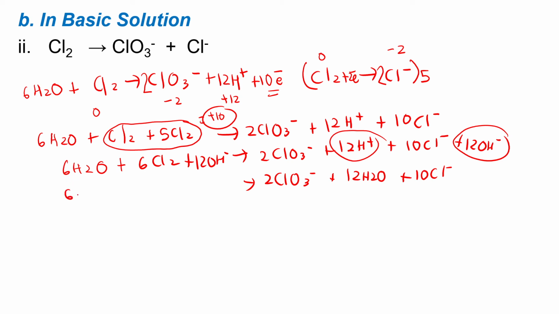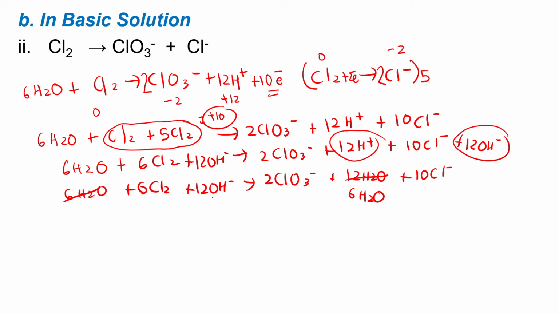Okay, so I write it again. Okay, now we have 6 H2O here, so we have 12 H2O here. So 12 minus 6, we have 6 H2O left on your right hand side.